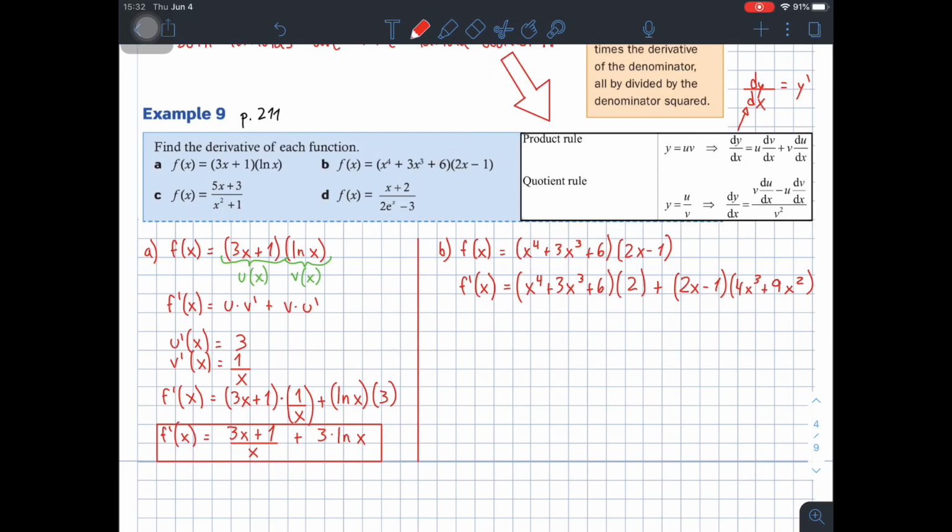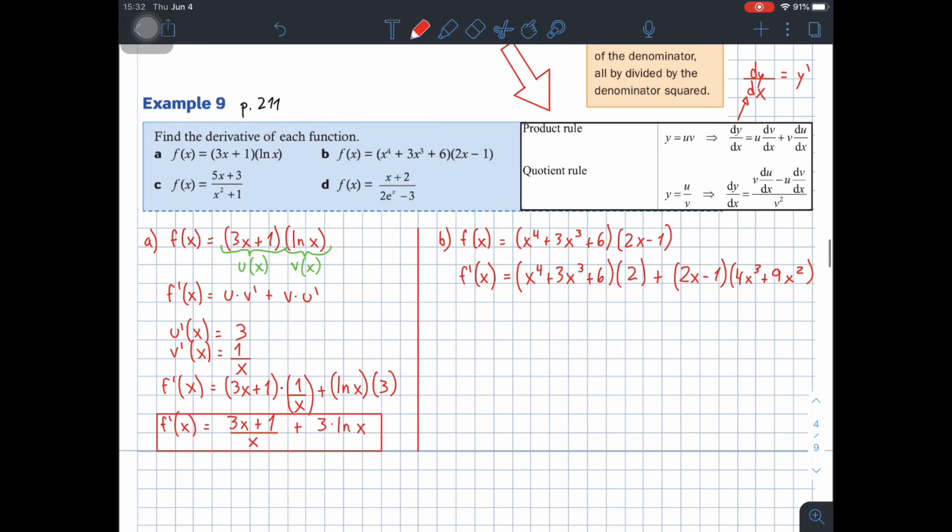So once I have that written, it's just organizing these terms in order to get to a final result. So here I'm going to do distributive and see what happens. 2x to the 4th power plus 6x cubed plus 12. And then we have, well, this will become a little bit long.